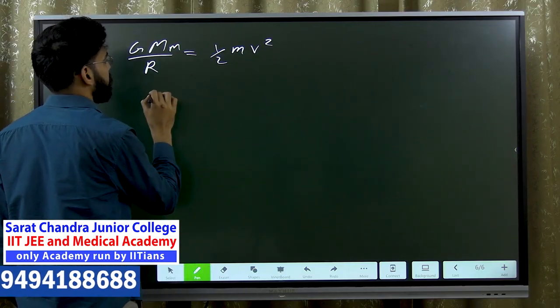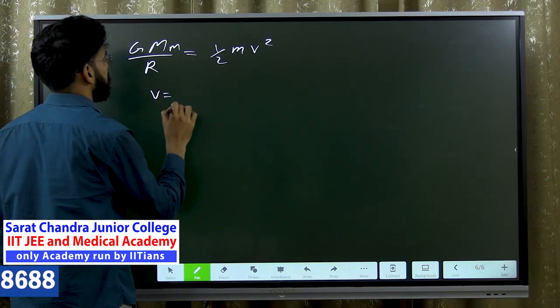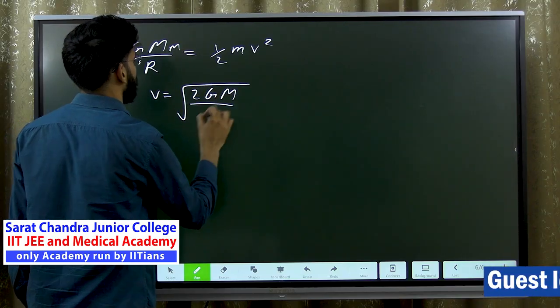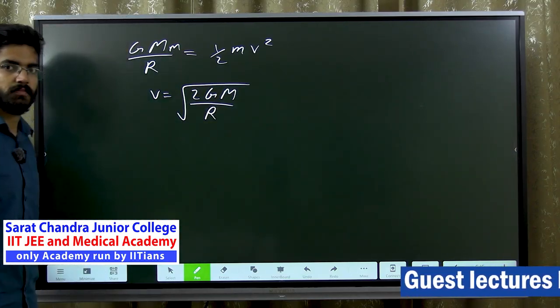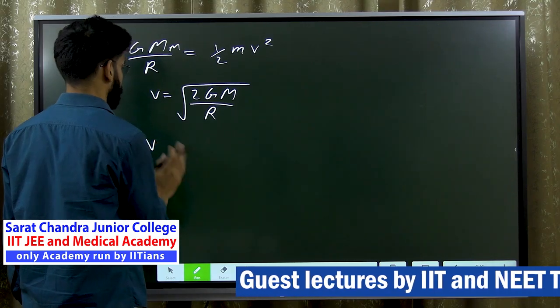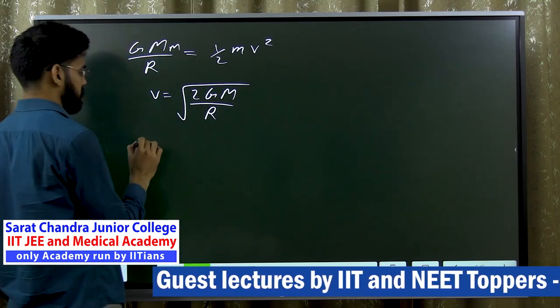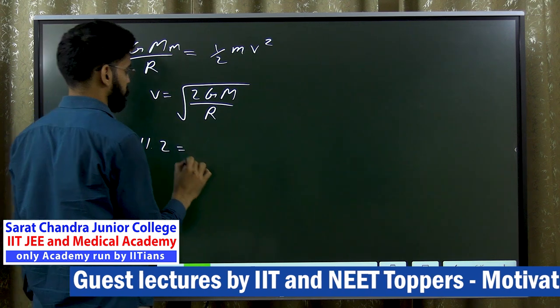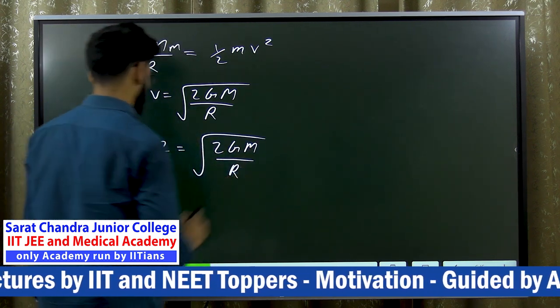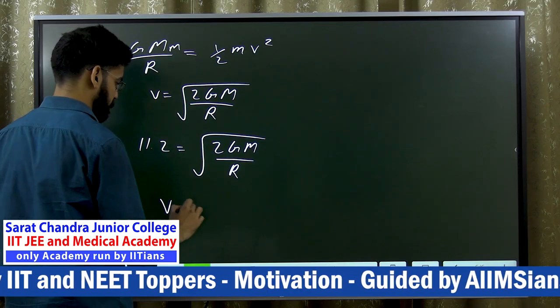So what we can say from here, V is equal to what? Under root 2GM by R. Okay. So from here we can say, velocity for the Earth, 11.2 is equal to under root of 2GM by R, right? And for the other planet, some planet V is there, right?